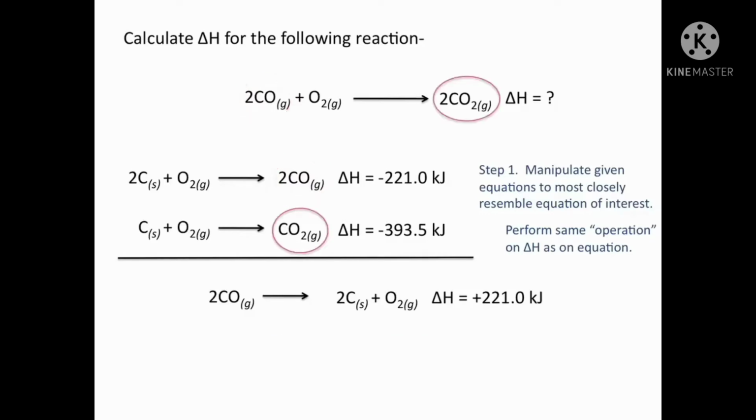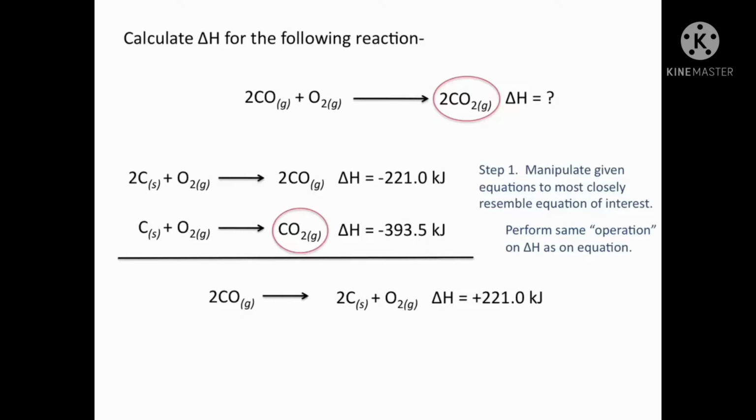Looking at our reaction of interest, I see that there are 2 moles of CO2 on the product side. And when I look down at our given equations, I see only one of the equations has CO2, the second one. It is on the product side, but there's only 1 mole of CO2 in this reaction.